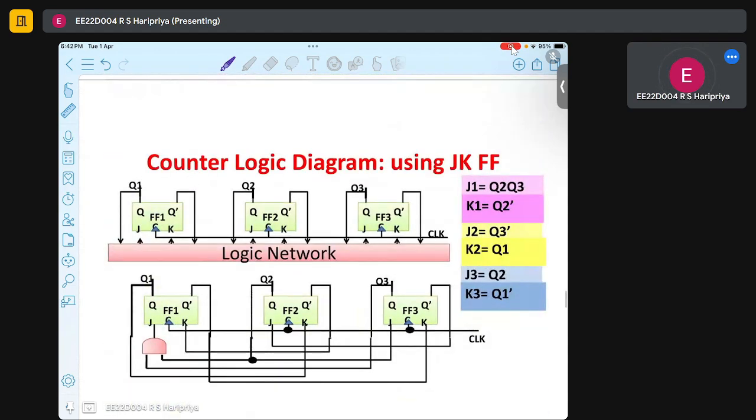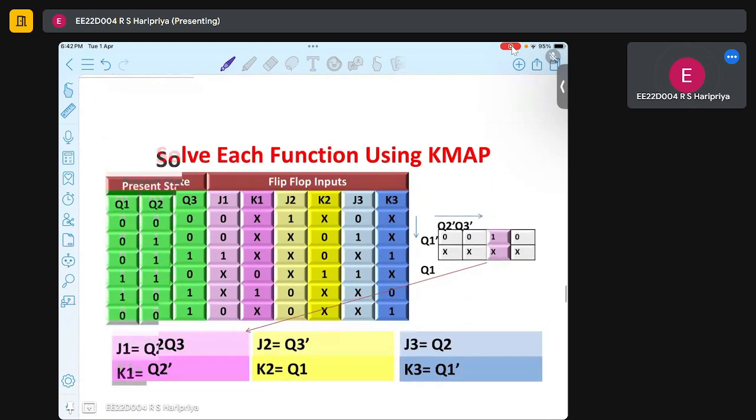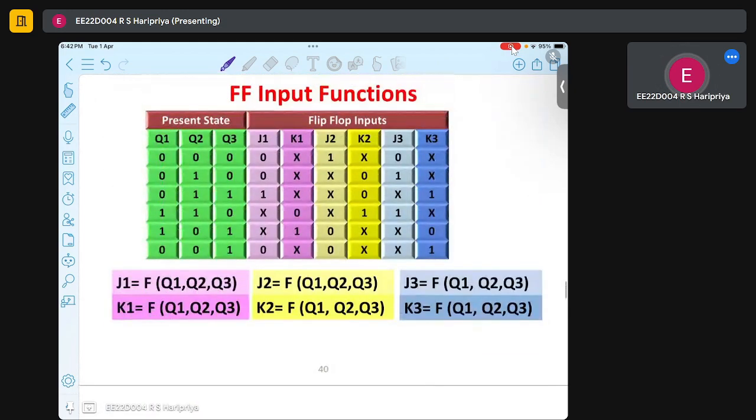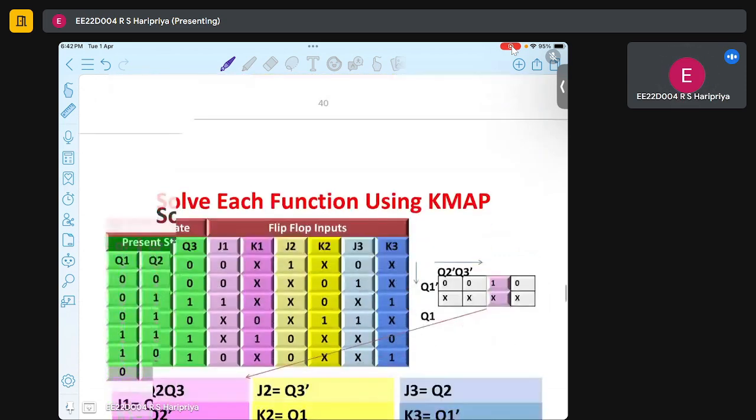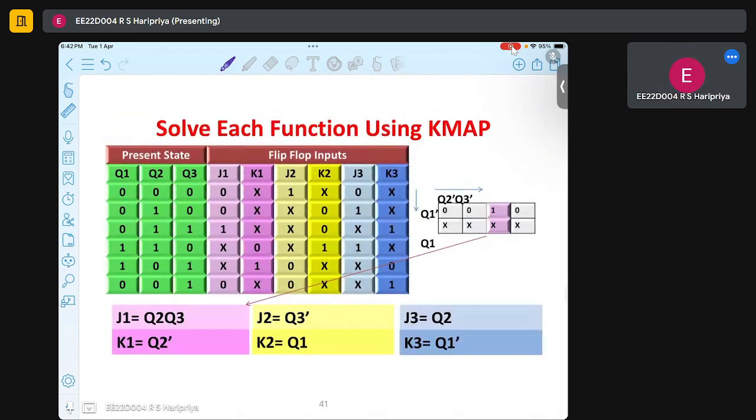For JK flip flop, again, same, we have the present state table and the flip flop JK inputs, and for each J and K we have to use the K-map for simplification.